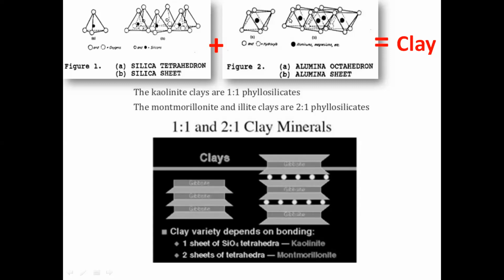Similarly, the octahedra do not share corners, they share faces, and form a sheet. Now, if you take a tetrahedral sheet and an octahedral sheet and put one on top of the other, you get a single layer of clay.